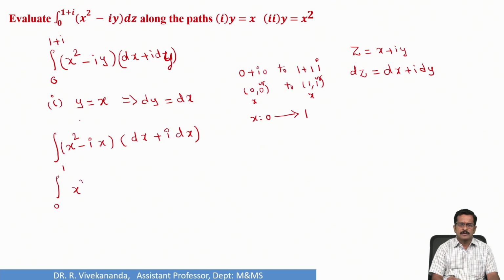x square minus ix into dx. I am taking dx common from these two terms, and 1 plus i. When I take dx common, 1 plus i will be left. That 1 plus i is a constant with respect to integration. It is independent of the x term. So I bring it outside.